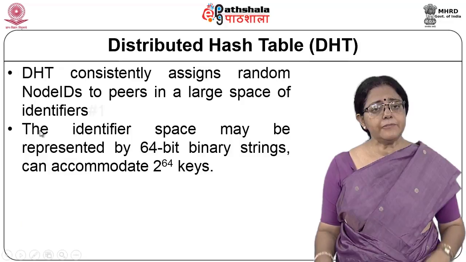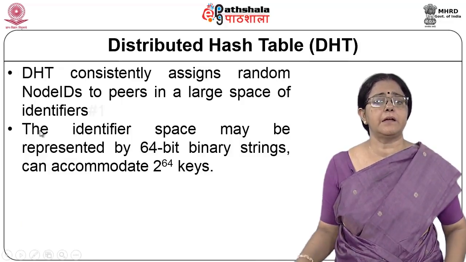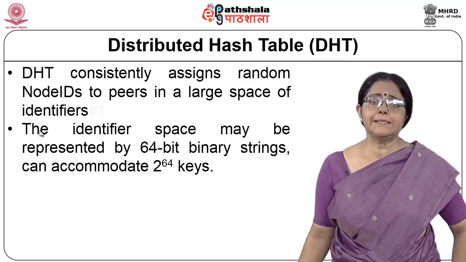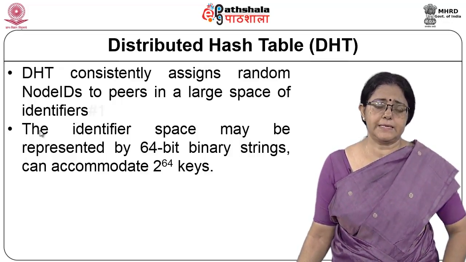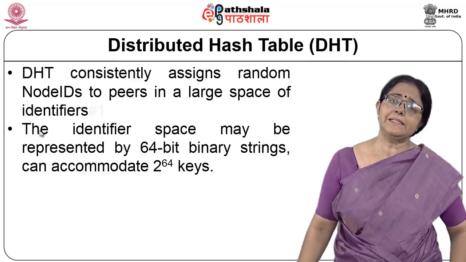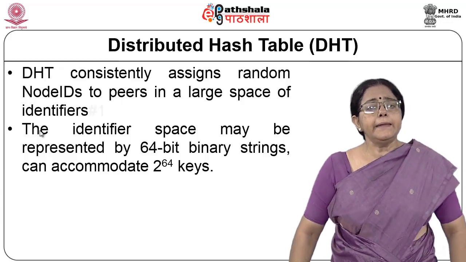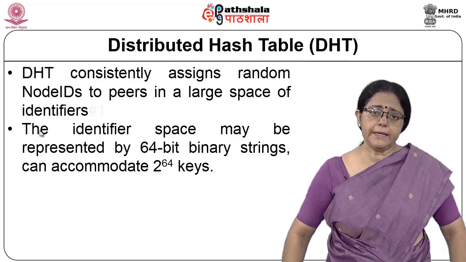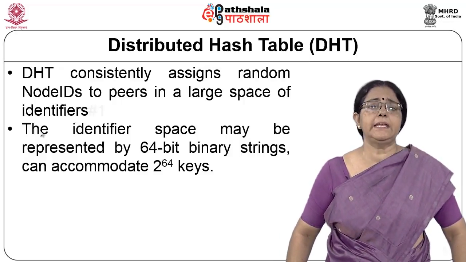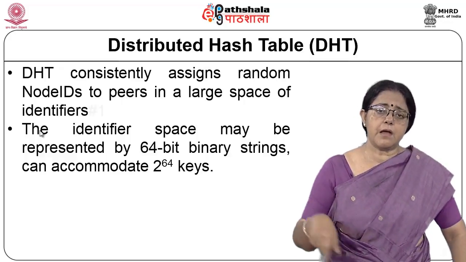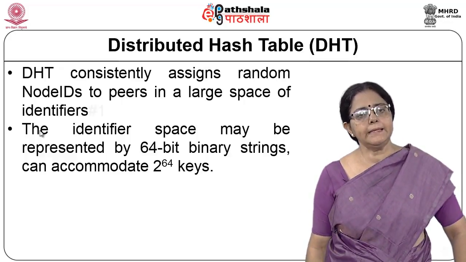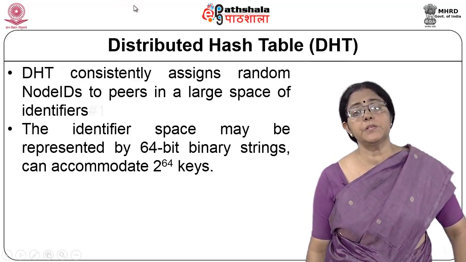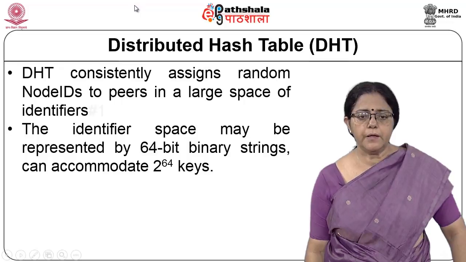So, the identifier space has to be very large. The success of DHT is that in a large identifier space, nodes will be given a unique ID, and with respect to the unique ID, it is possible to assign a set of keys, so the responsibilities of the keys will be distributed among the peer nodes.